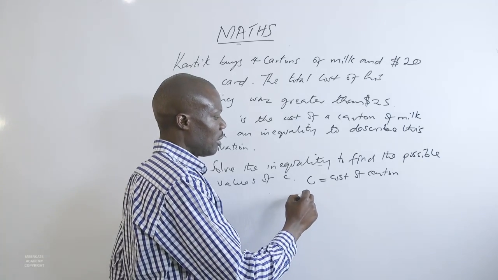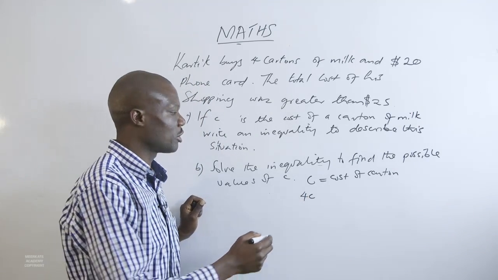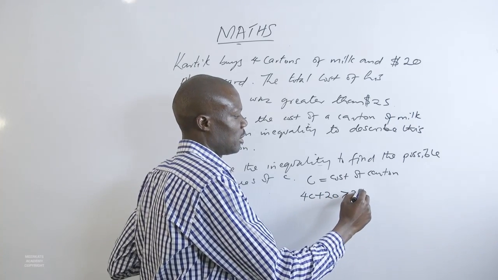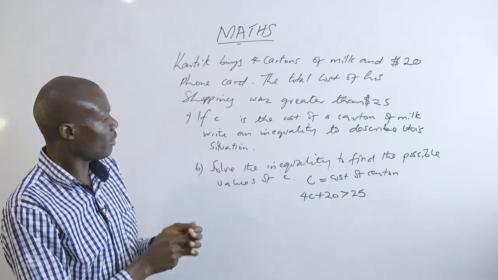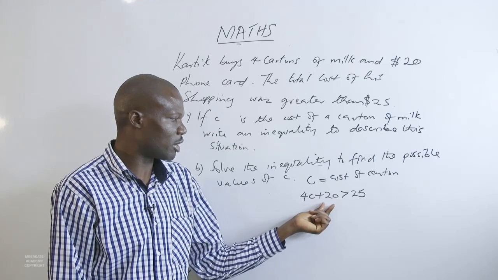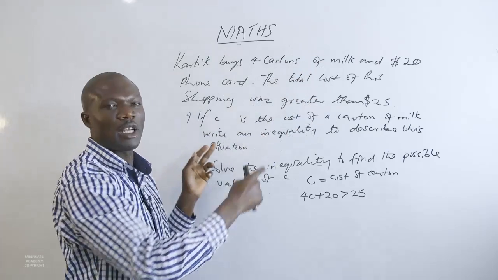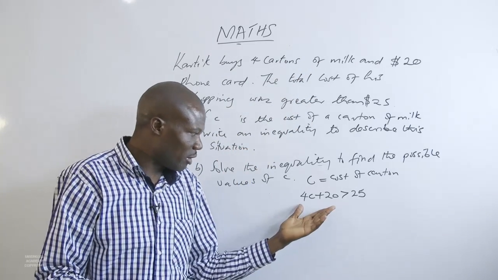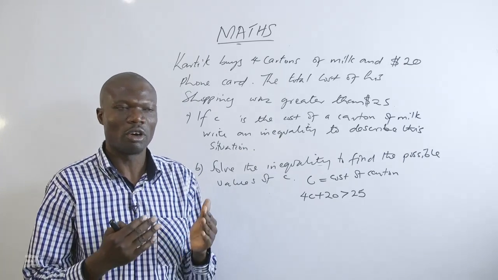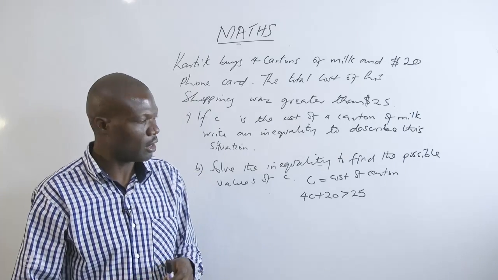So that implies 4 cartons, that is 4C, the total cost of 4 cartons, plus $20 is greater than 25. 4C plus 20 is greater than 25. This inequality actually describes the statement that we have above. Then we go ahead and solve this so that we can find the possible values or the possible cost of a carton, what is its range.